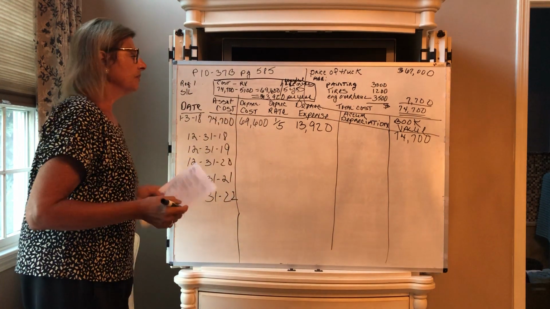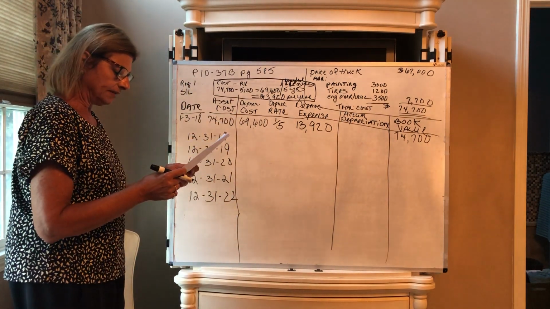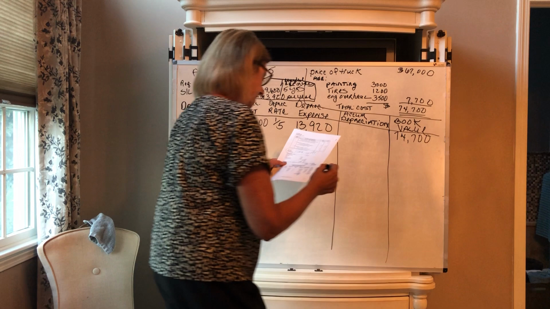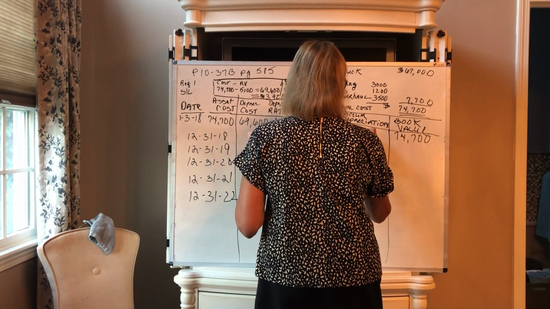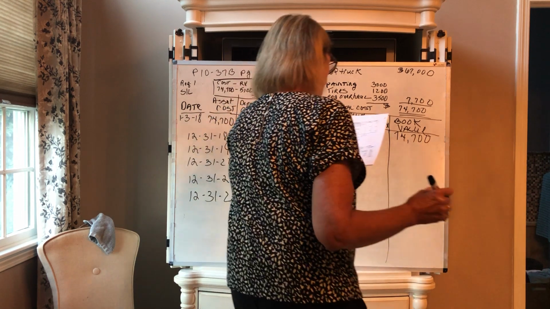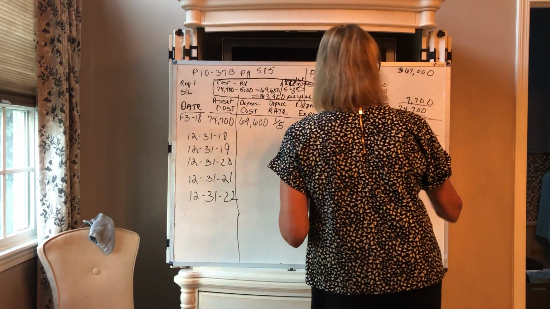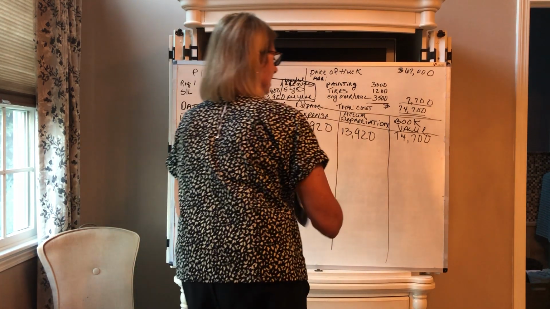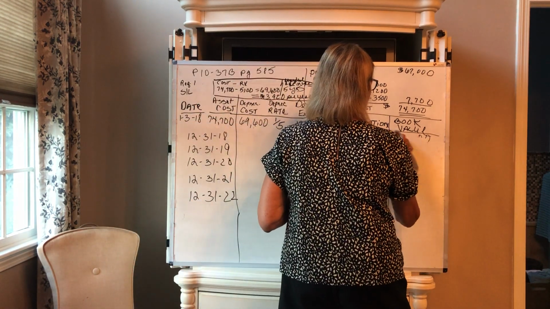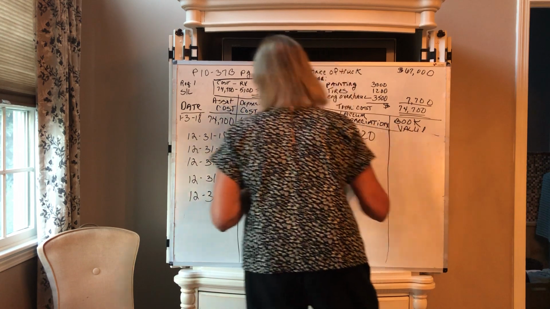it's the same. Okay, here's our depreciation expense. Accumulated would be the same, $13,920. So now our book value, and I'm going to be off my line because I came downhill. So let me kind of squeeze that $74,700 in there.